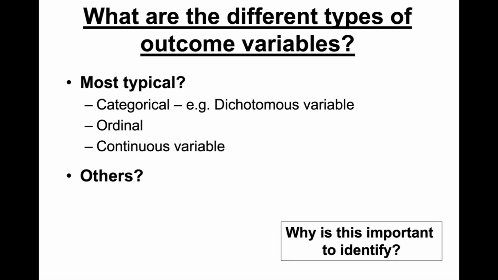Who knows what the median is? Right, the median is the 50th percentile. So we take the 200 participants and line up all their answers in a row, and number 100 is the median, okay?